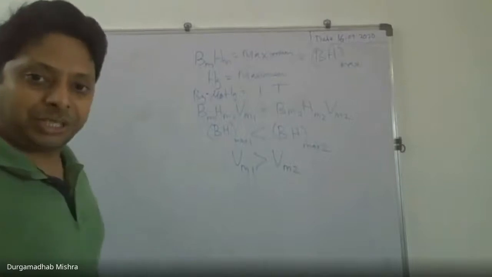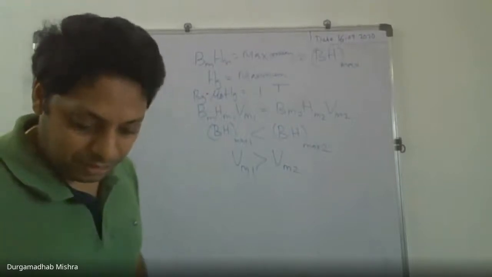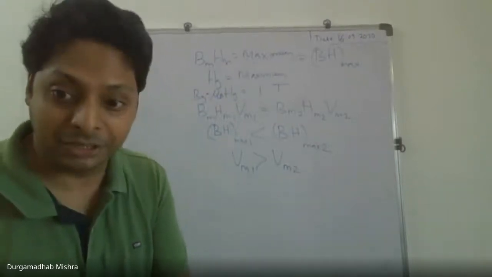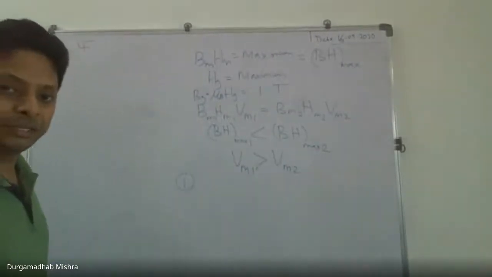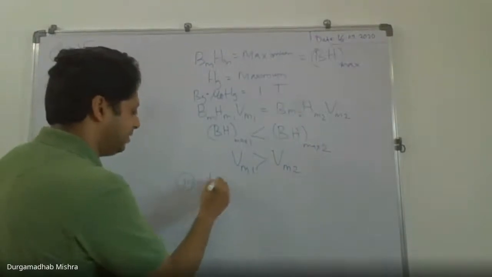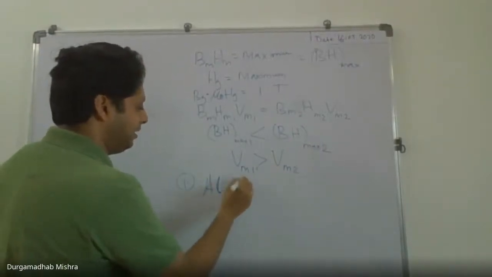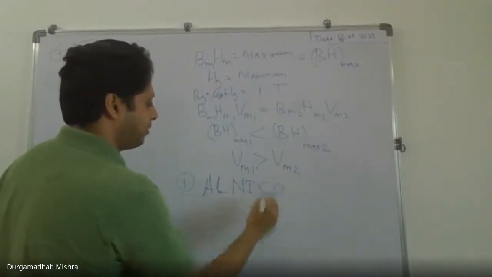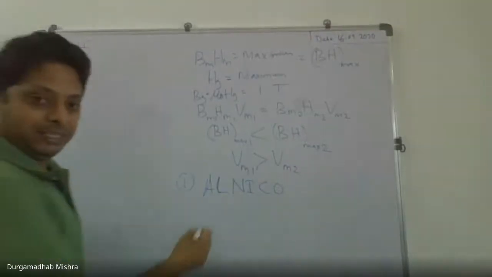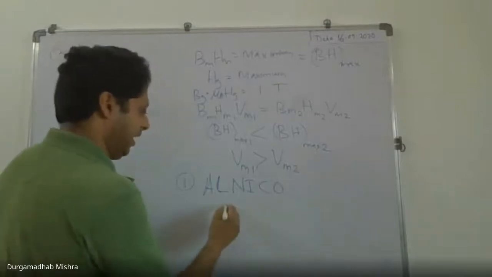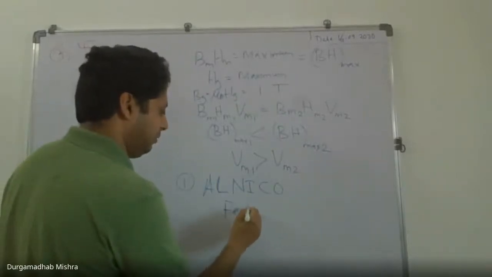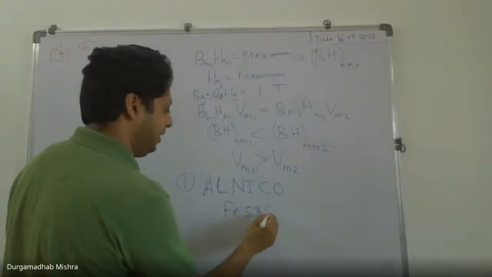So I will list down certain materials. The first material which was actually used as a permanent magnet is called alnico. It is a sort of aluminium, nickel, and cobalt, but it has a considerable amount of iron, 58% iron.